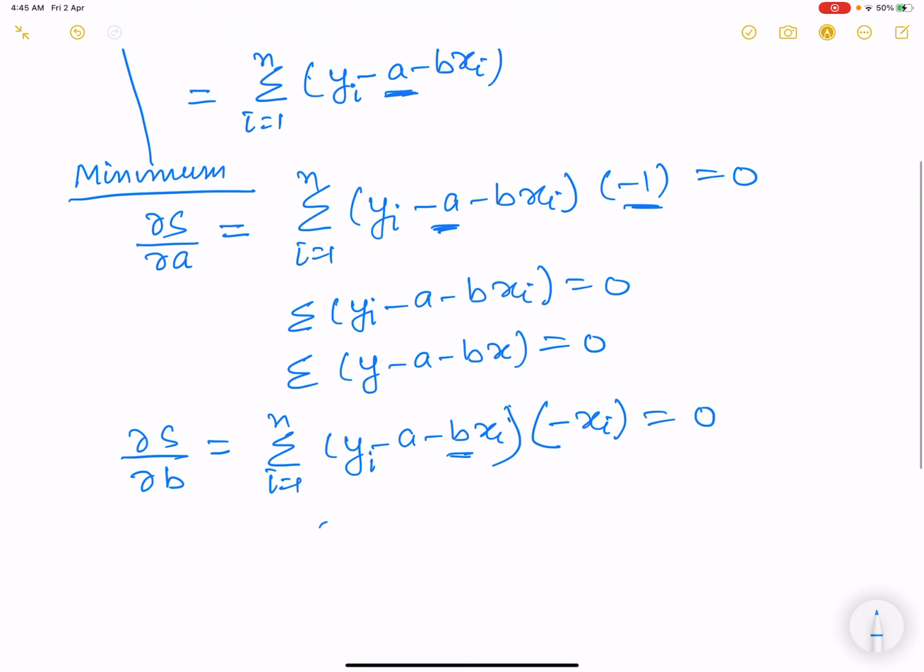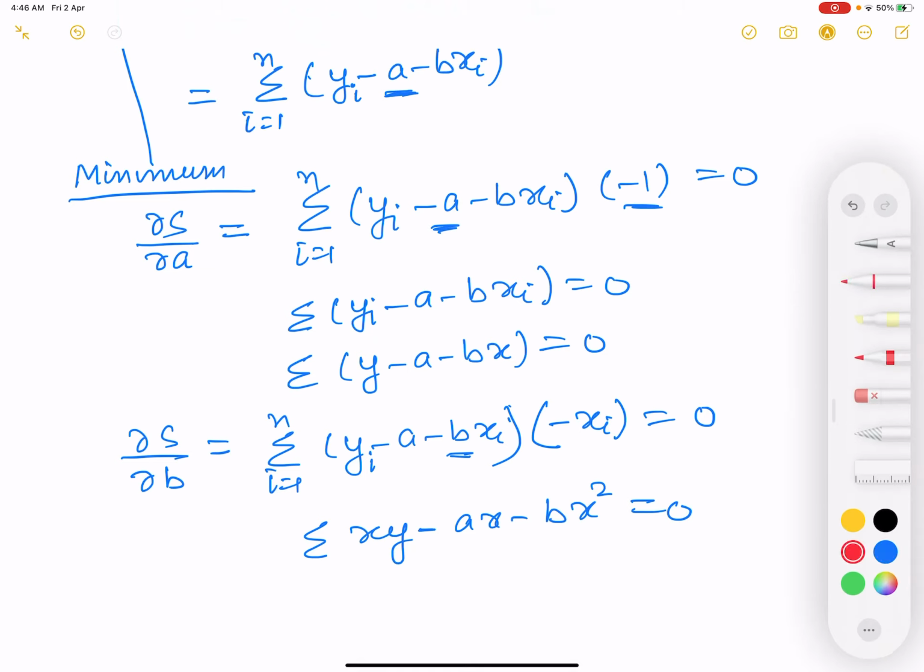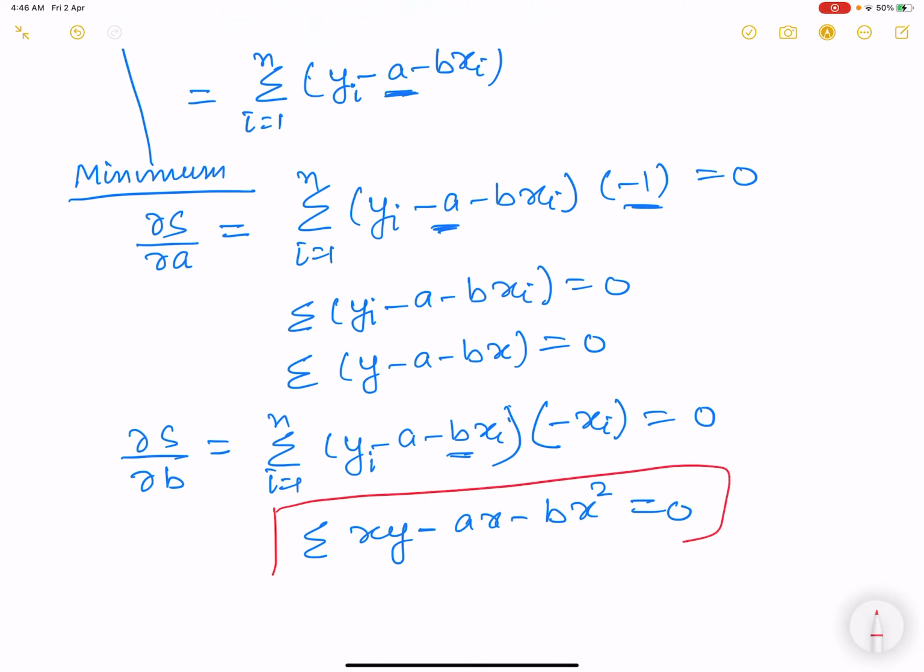Or we can write this as sigma of (xy minus ax minus bx square) is equal to 0. Now students, these are the two equations which we are getting.